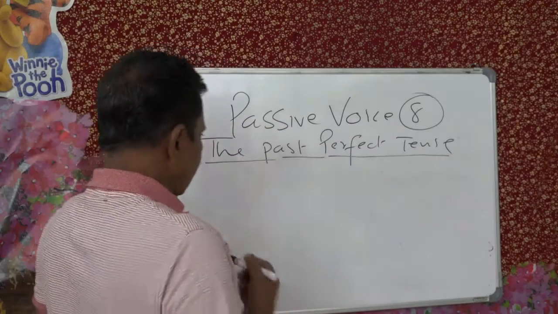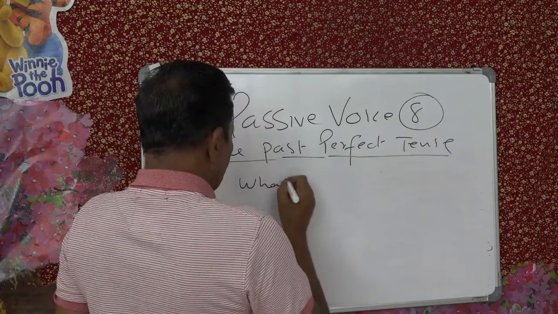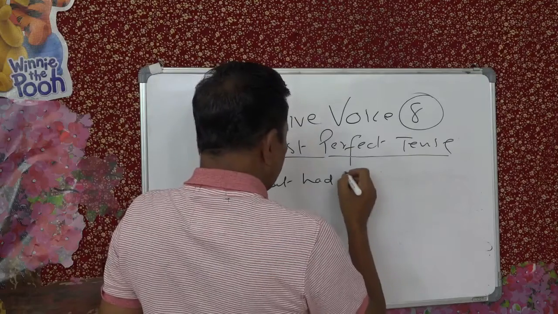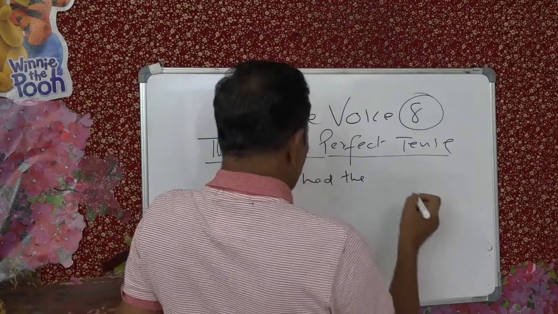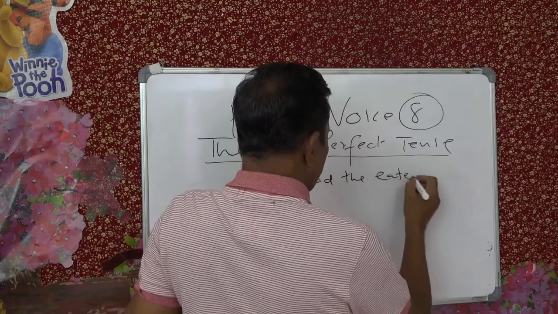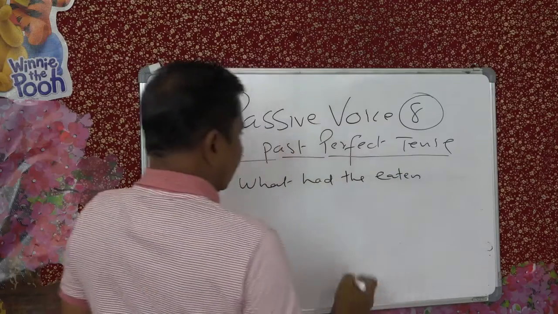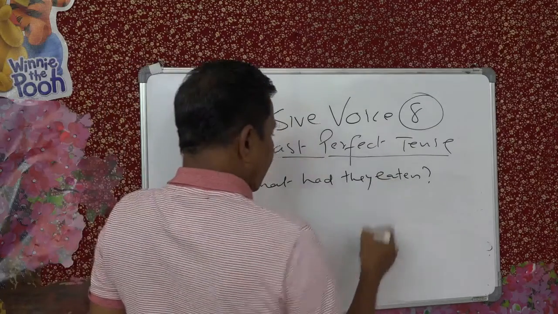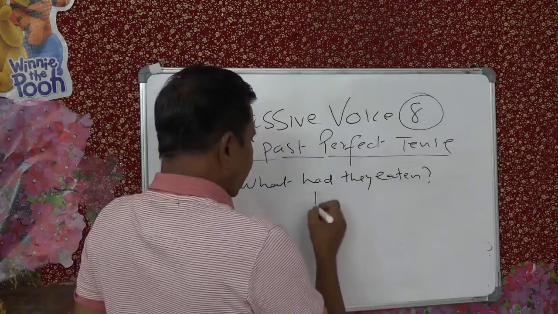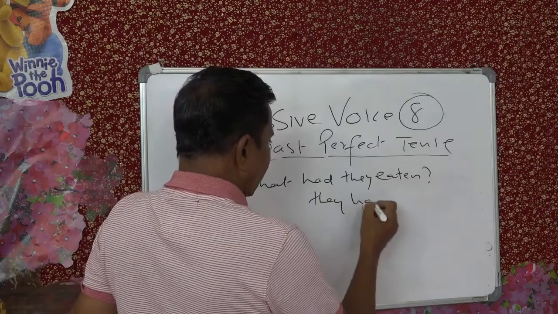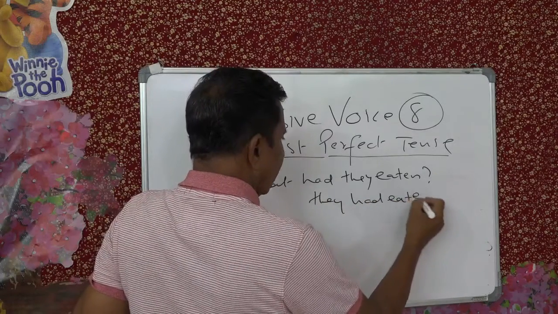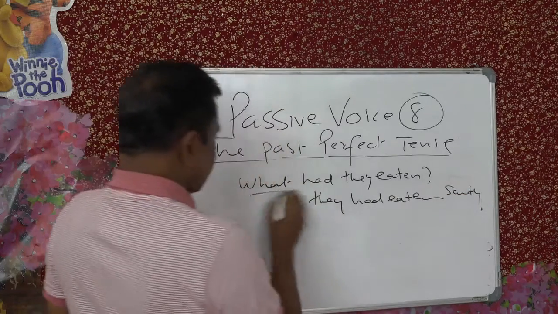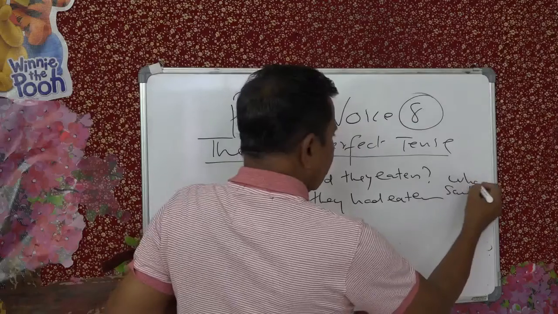Okay, then let's say one more. What had they eaten? So you can say, what had they eaten? The statement is: they had eaten something, or they had eaten what.